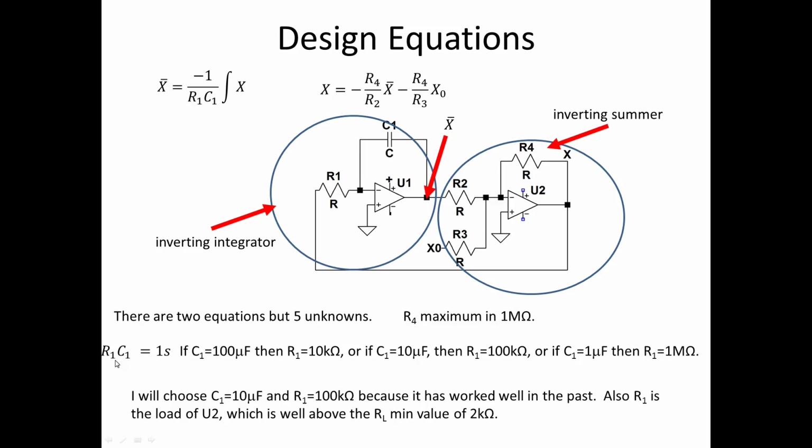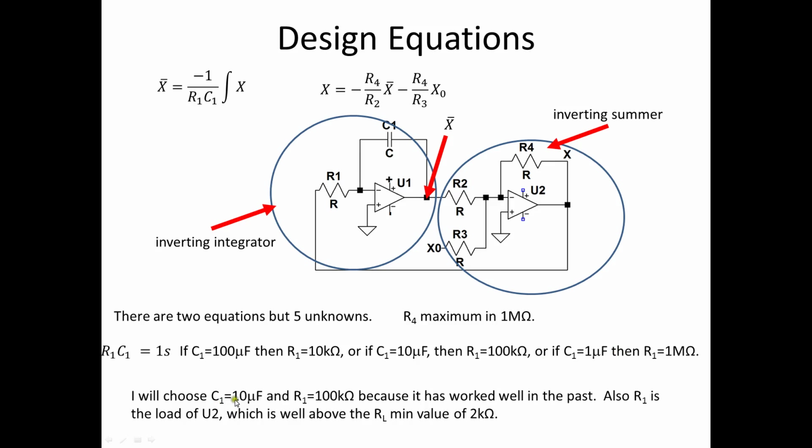Now let's look at the integrator first. R1 times C1 equals 1 second. So we have a lot of choices. C1 could equal 100 microfarads, then R1 equals 10 kilo ohms. If C1 is 10 microfarads, then R1 is 100 kilo ohms, and so on.